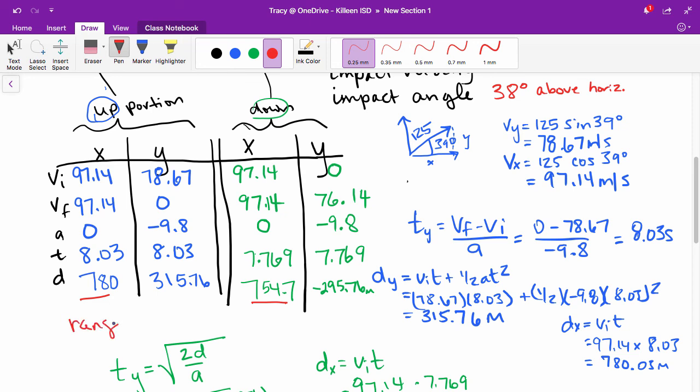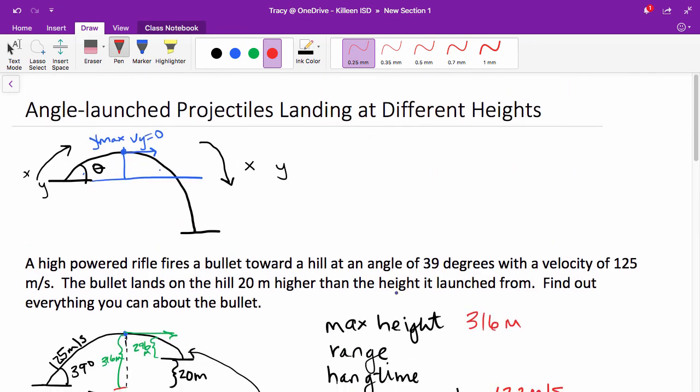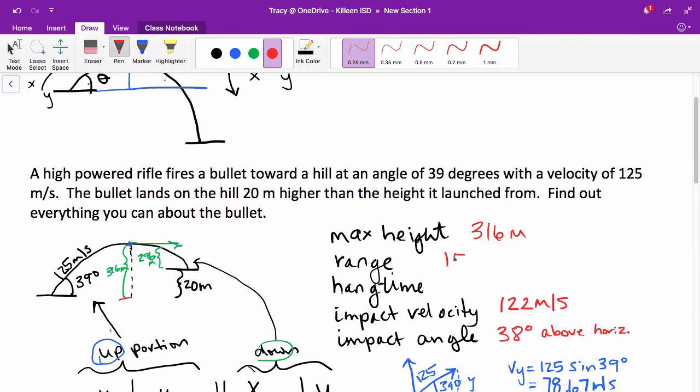So range is equal to 780 plus 754.7, which gives us a range of 1534.7. So we'll just say 1534, or maybe even 1530 if you want some semblance of significant figures, which I don't really care.